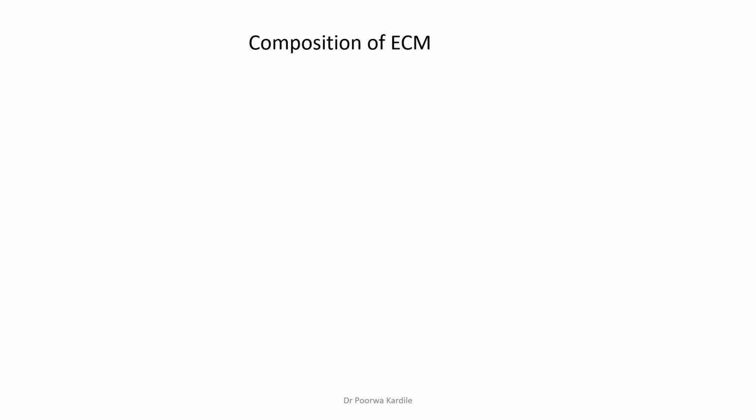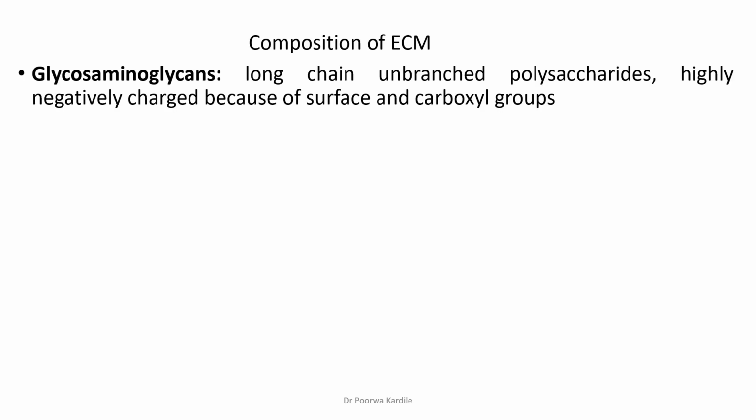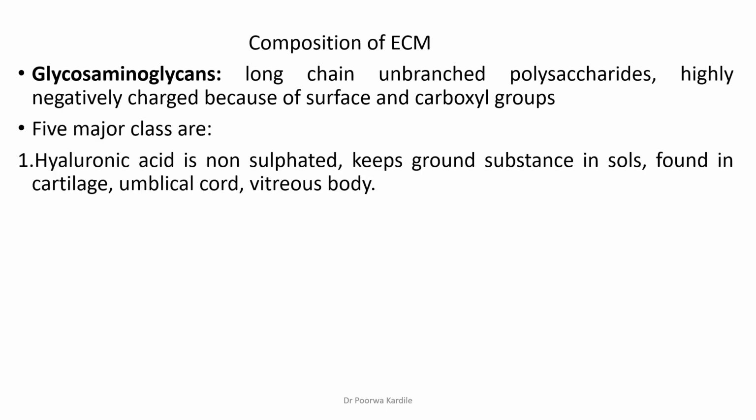So the composition of extracellular matrix: the first component is glycosaminoglycans. As I told you earlier, it has the ability to trap water, so it gives a gel-like appearance. And there are five major classes. Hyaluronic acid is non-sulfated, and it is mainly seen in cartilage, umbilical cord, and vitreous body.